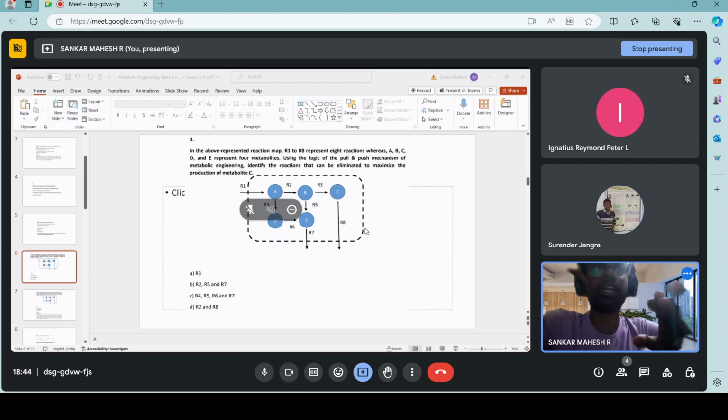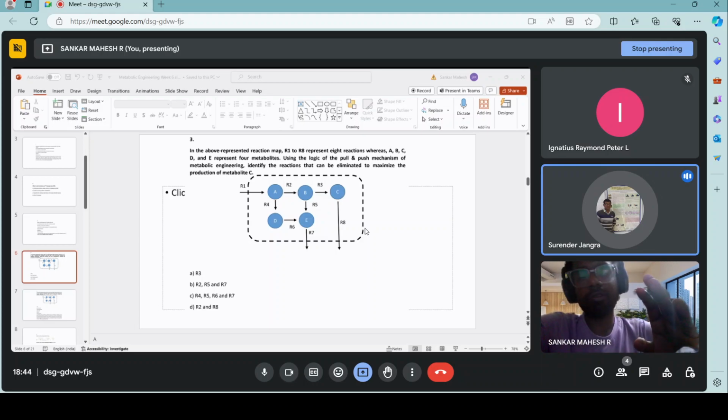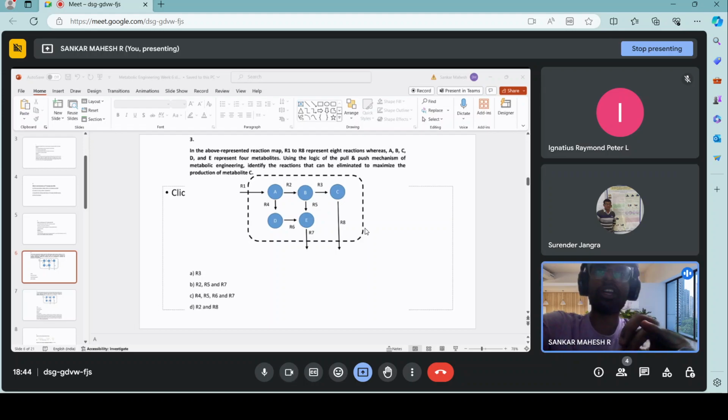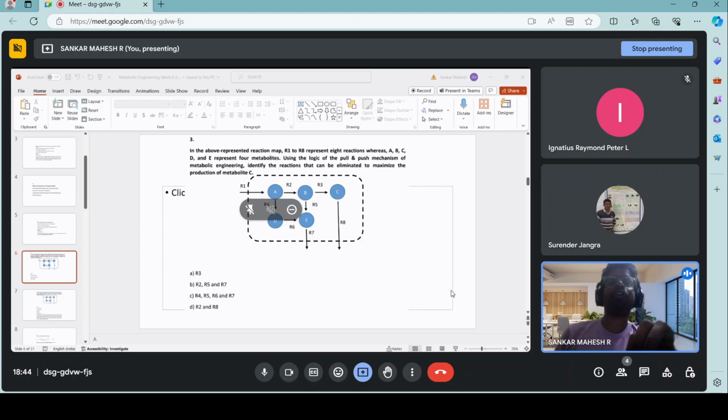Downstream processing will be difficult. No, we can consider that the downstream process is not affected. Now, if R8 is not there in the system, would it affect the system in any way? Yeah, feedback inhibition. Okay, that's actually what I wanted to ask.